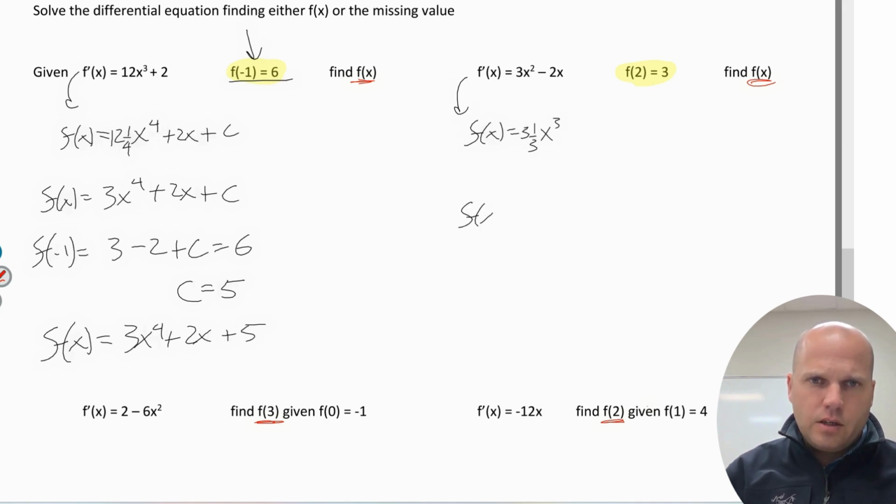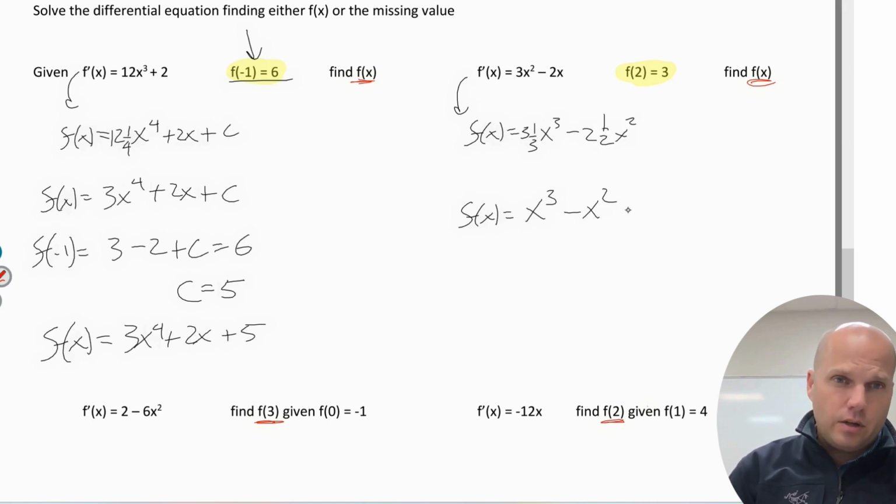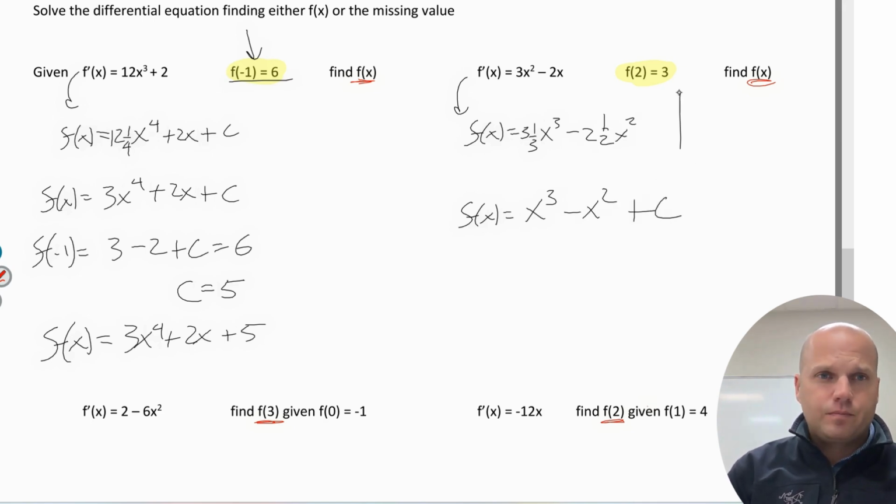Okay, this is easy. Going backwards, I just get x cubed. I'm just two-stepping this out for all y'all. And I get x squared. Don't forget your plus c.